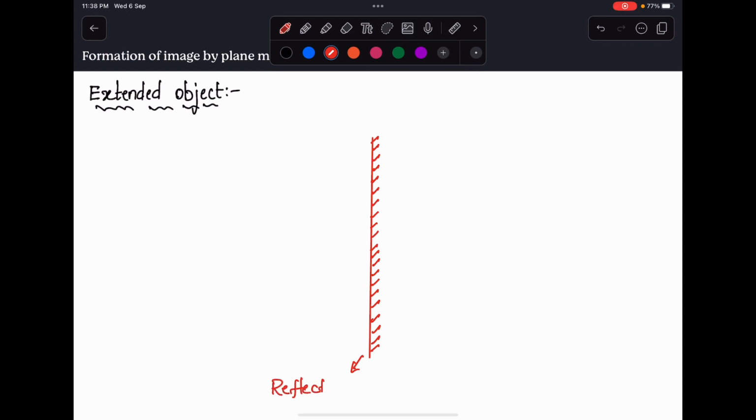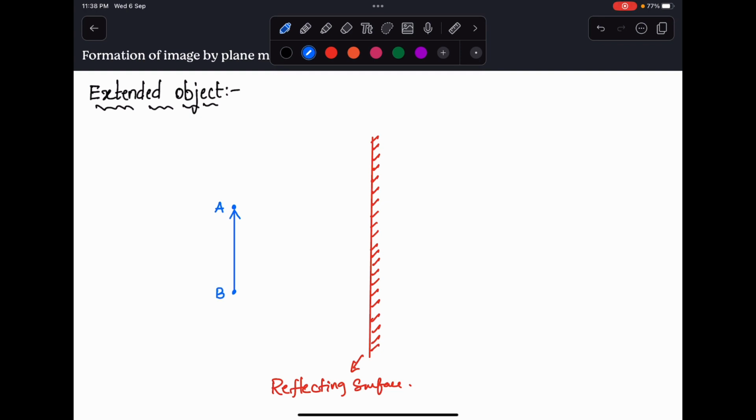Now we would like to consider our extended object. Say the extended object has some height h. The person will have some height h, right? So say this is your extended object, representing the top of this extended object with an arrow mark over here. Now I can label the object, A as the top and B as the bottom.